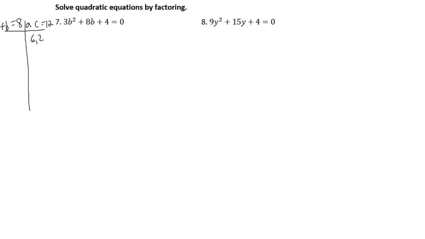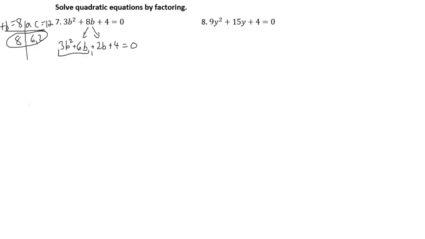I will use 6 and 2, which will give me the 8. All right. So now I'm going to split this 8 into 6b and 2b. Bring down everything else. Bring down that 3b squared.